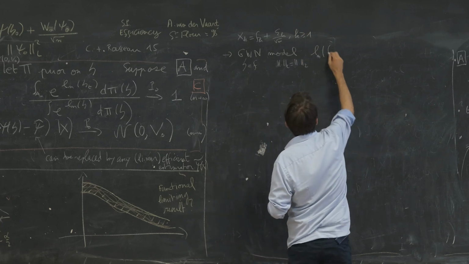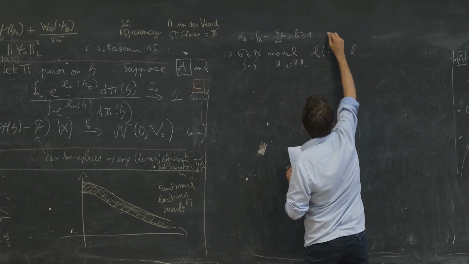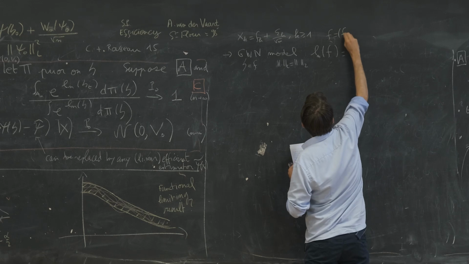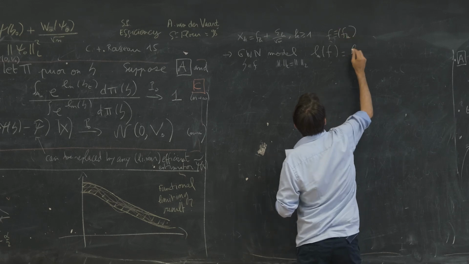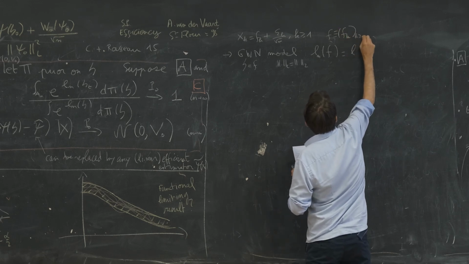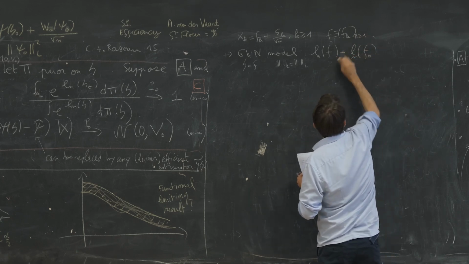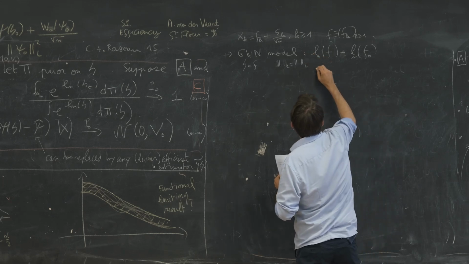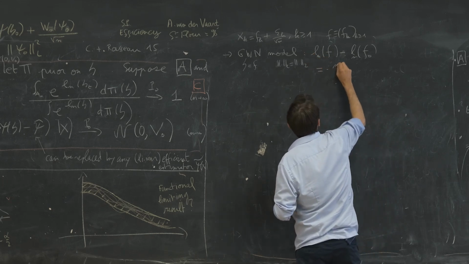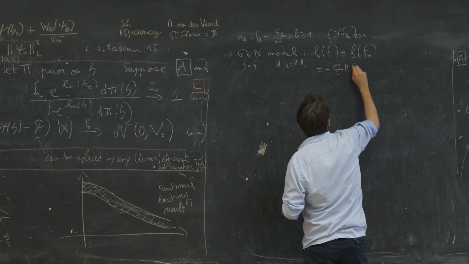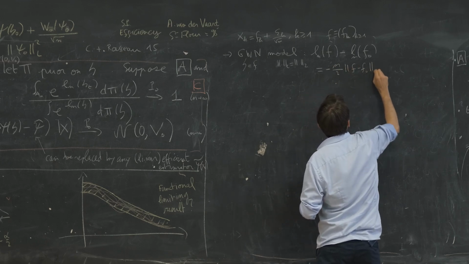Okay, so here f in this setting is just viewed as a sequence of its coefficients in the basis. So the difference is going to be exactly minus n times the L2 norm of f minus f naught, squared.